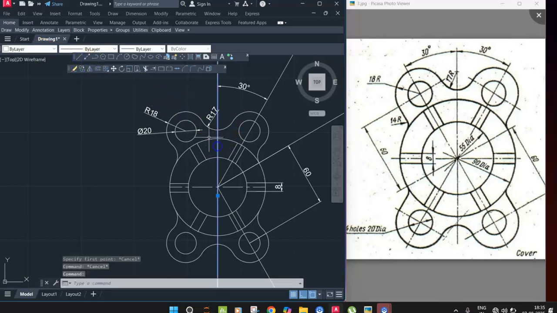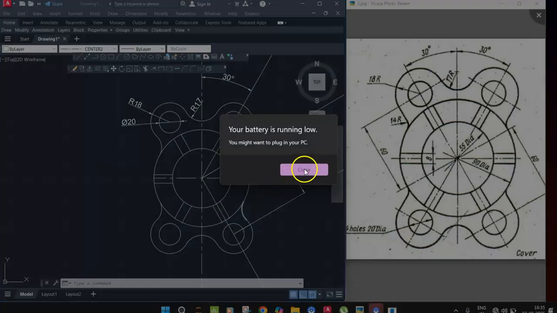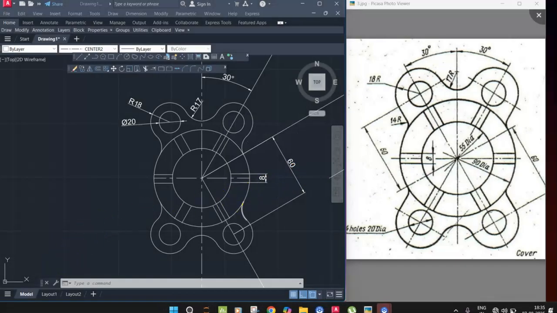This is my axis line. I am changing it to center line. Okay, right. So in this way we have completed this sketch. Thank you.